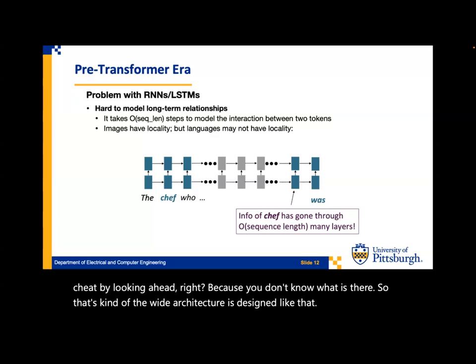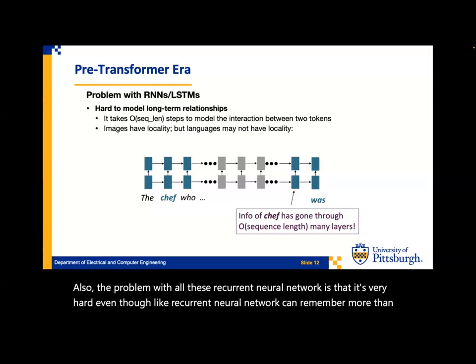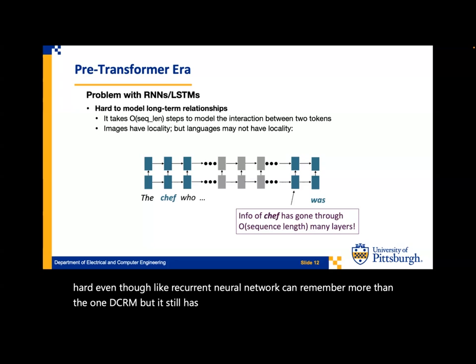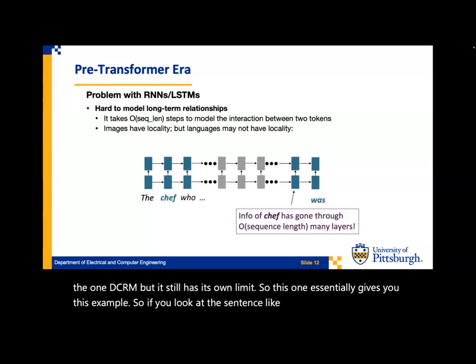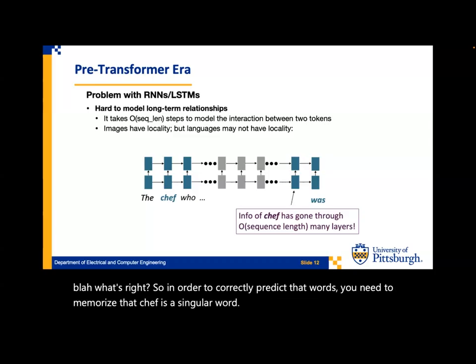The problem with all these recurrent neural networks is that even though a recurrent neural network can remember more than the 1D CNN, it still has its own limit. This example illustrates it. If you look at a sentence like "the chef who blah blah blah was", in order to correctly predict "was", you need to memorize that chef is a singular word, not a plural word.